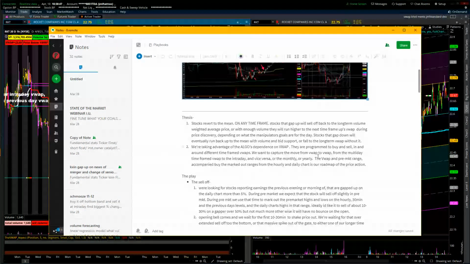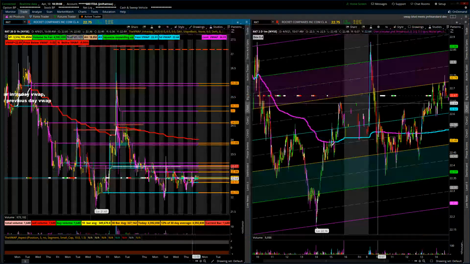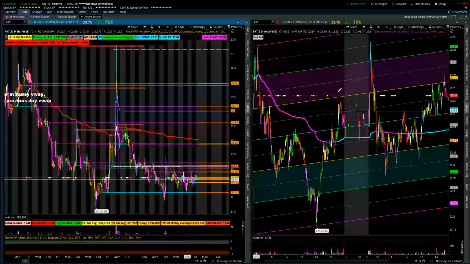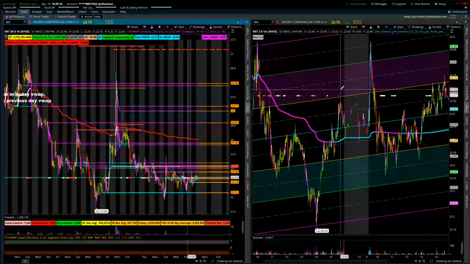We want to capture the move from VWAP to VWAP, from multi-day to intraday, and vice versa, monthly or yearly, etc. The VWAP and the pre-market range, accompanied by the marked-out ranges from the hourly and daily chart, are our roadmap of price action. So that is the whole thesis of my playbook.